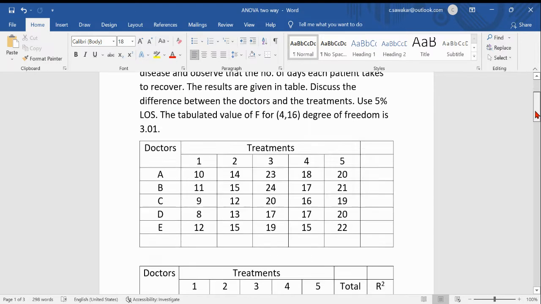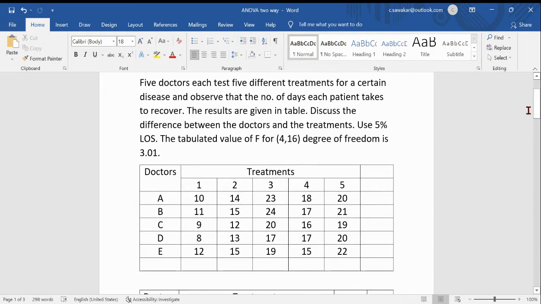Now let's see this table. Five doctors are listed: A, B, C, D, E are the five different doctors, and they use five different types of treatments: treatment 1, treatment 2, treatment 3, treatment 4, and treatment 5.